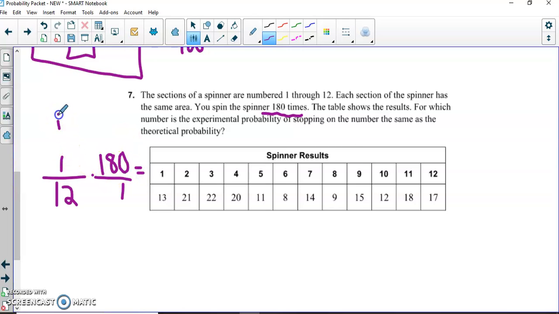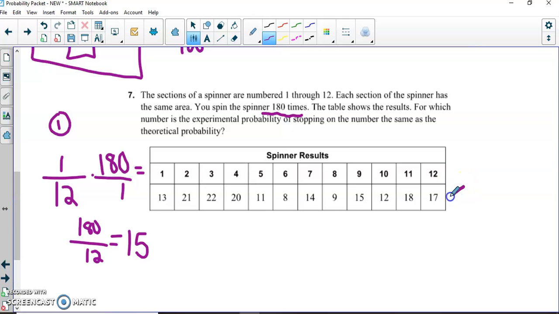I can do that on a calculator or I can simplify it, so 180 over 12 is going to give me 15. So technically, I should get each number 15 times.